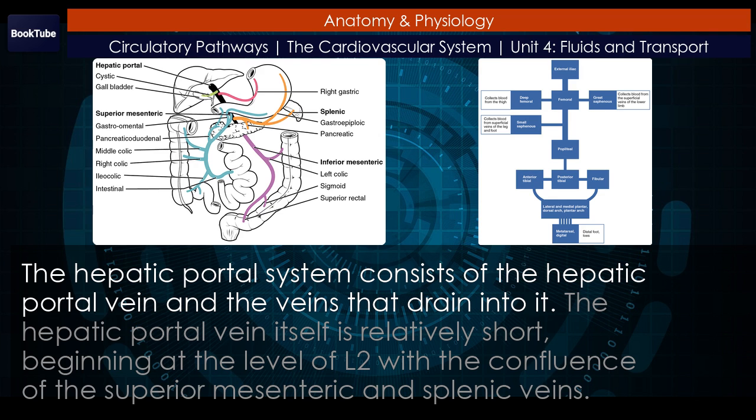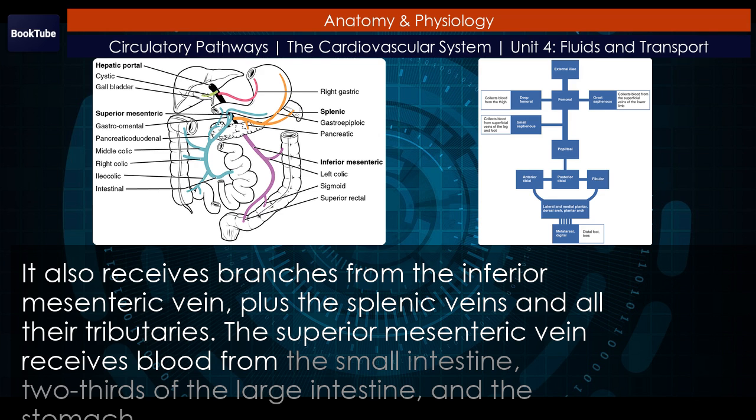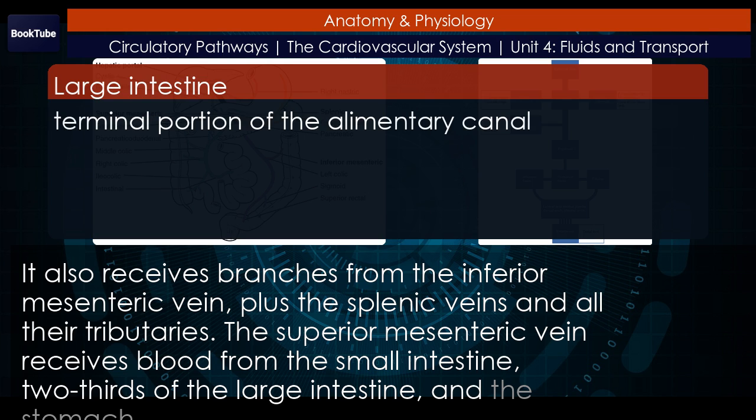The hepatic portal vein itself is relatively short, beginning at the level of L2 with the confluence of the superior mesenteric and splenic veins. It also receives branches from the inferior mesenteric vein, plus the splenic veins and all their tributaries. The superior mesenteric vein receives blood from the small intestine, two-thirds of the large intestine, and the stomach.